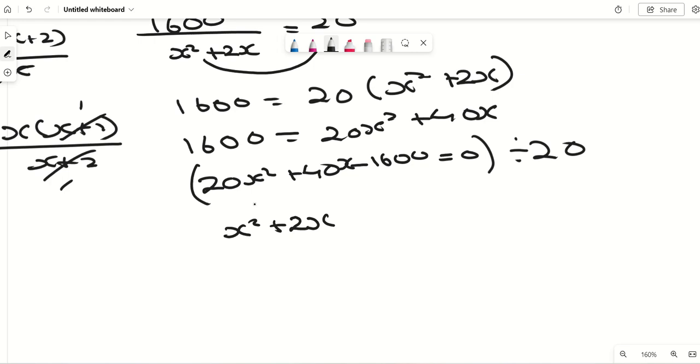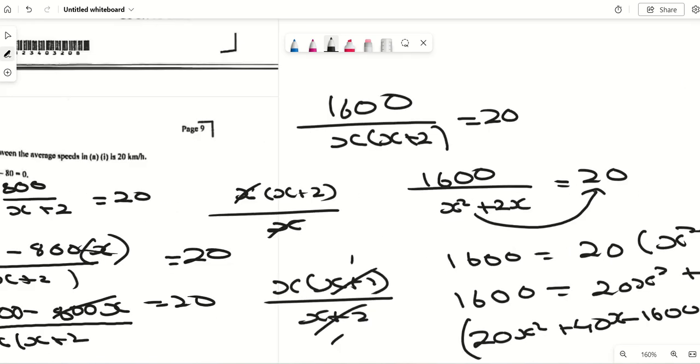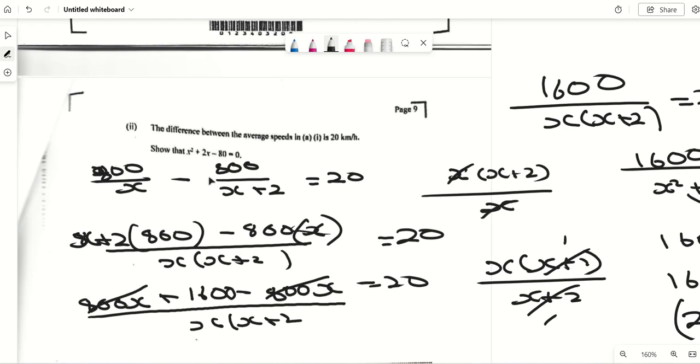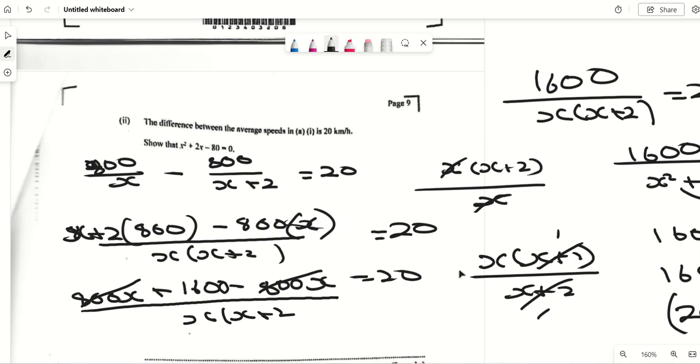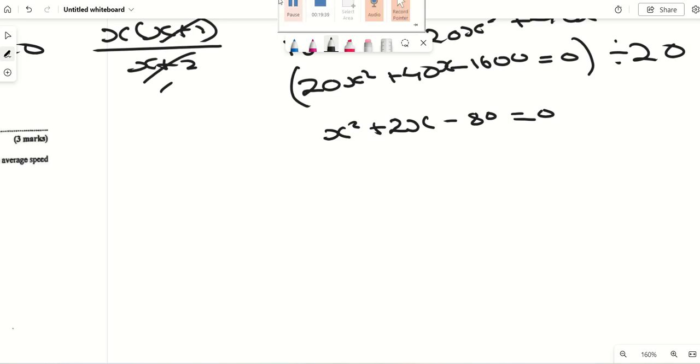And 20 could go into 1600. You can do it on your calculator if you're not sure. Minus 80 is equal to 0. And that is how you would show that your difference between these two is equal to x squared plus 2x minus 80, all equal to 0. We got that at the end.